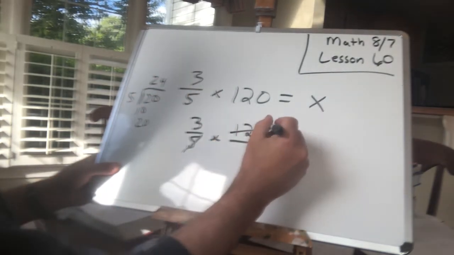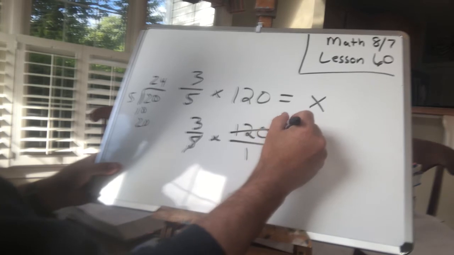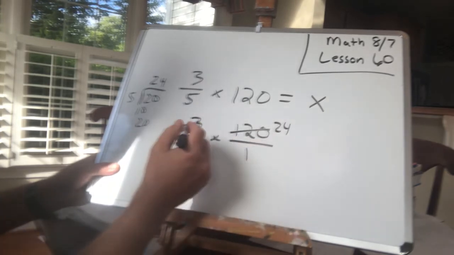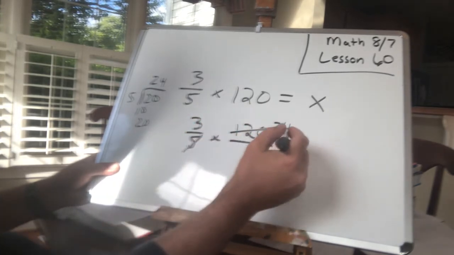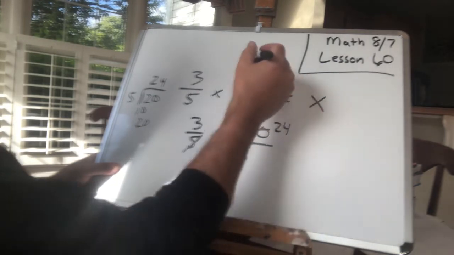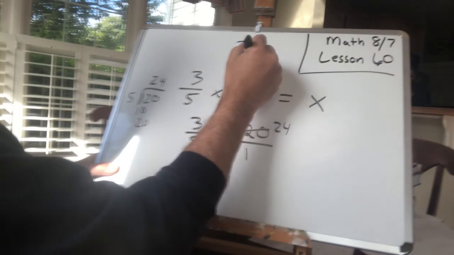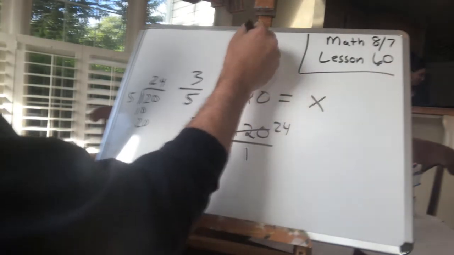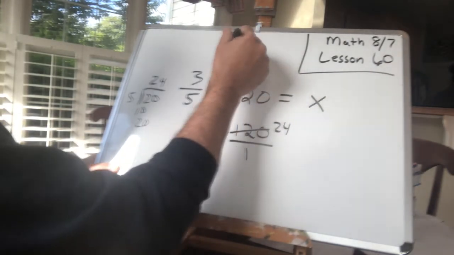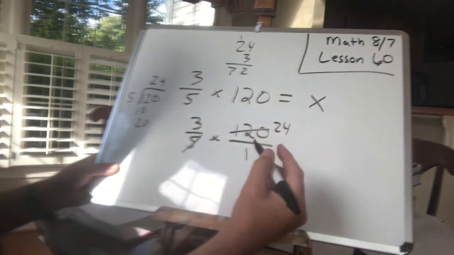Okay, so this becomes a 24. Now I have 3 times 24. 4 times 3 is 12. 3 times 2 is 6, 72.